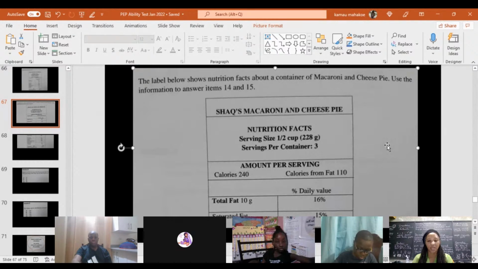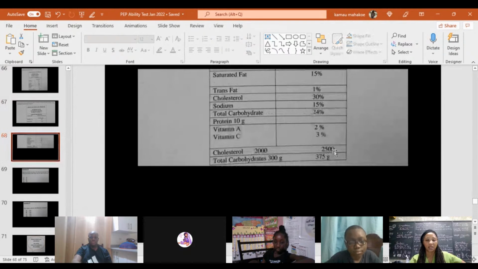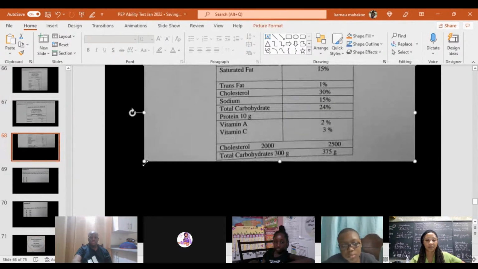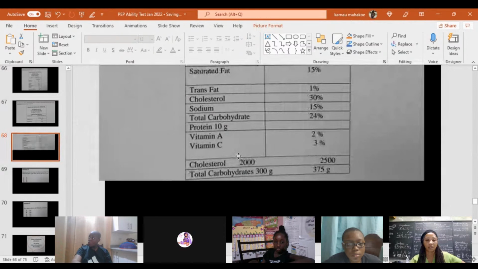Calories 240. Calories from fat 110. Total fat 10 grams, which is 16% of the daily value, and saturated fat 15%, and trans fat 1%, cholesterol 30%.